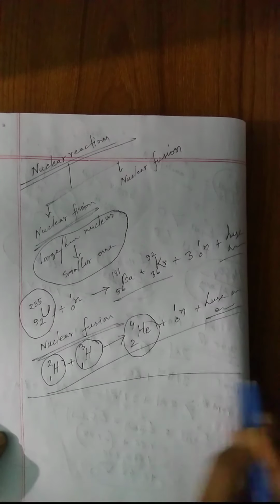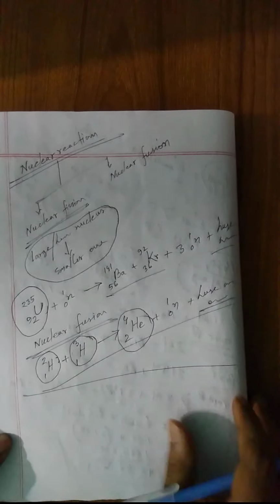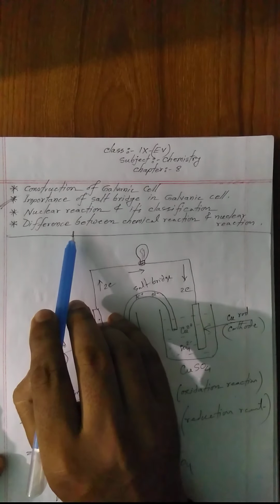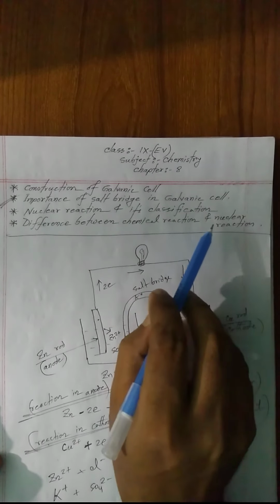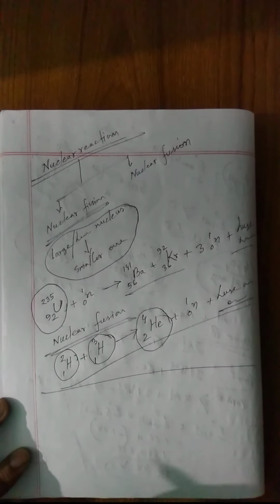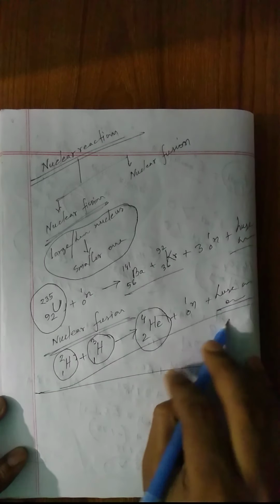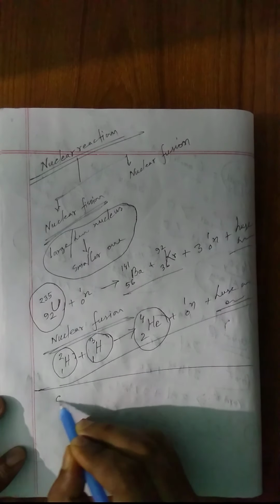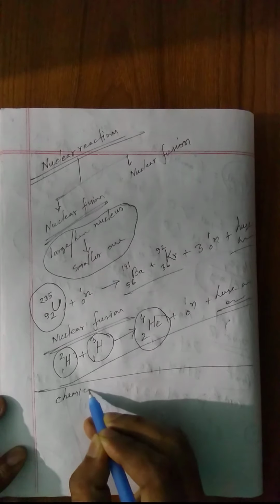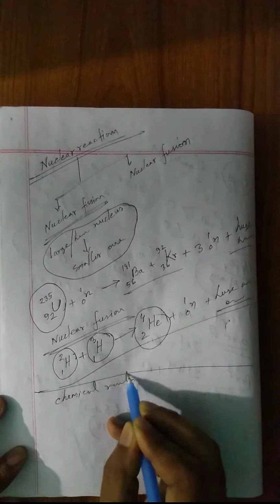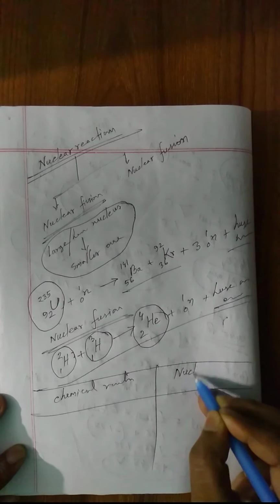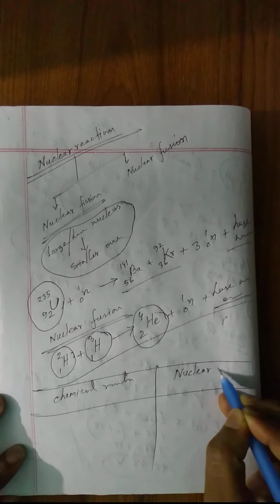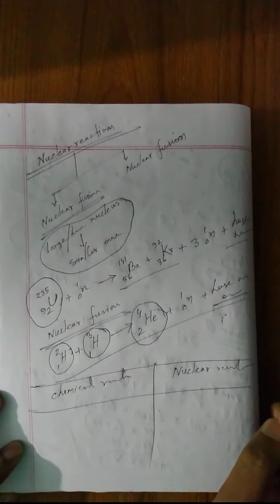Now the last topic, difference between chemical reaction and nuclear reaction. So this is chemical reaction and this is nuclear reaction.